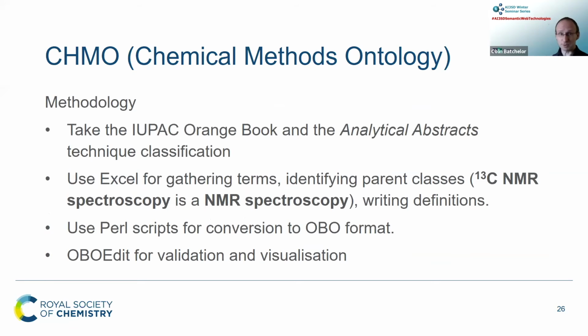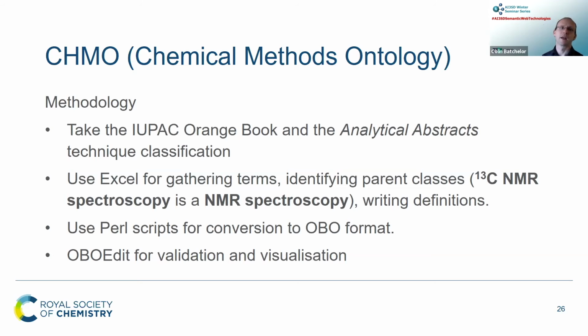So the methodology was find volunteers among the technical editors, take the IUPAC Orange Book that has some human readable definitions for techniques, not arranged in a hierarchy. We also had a technique classification from Analytical Abstracts, one of our abstracting products. These were combined.